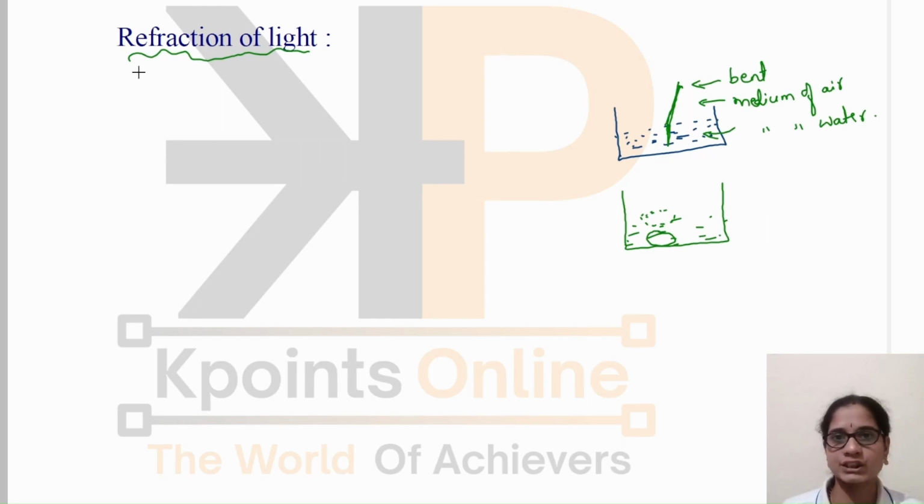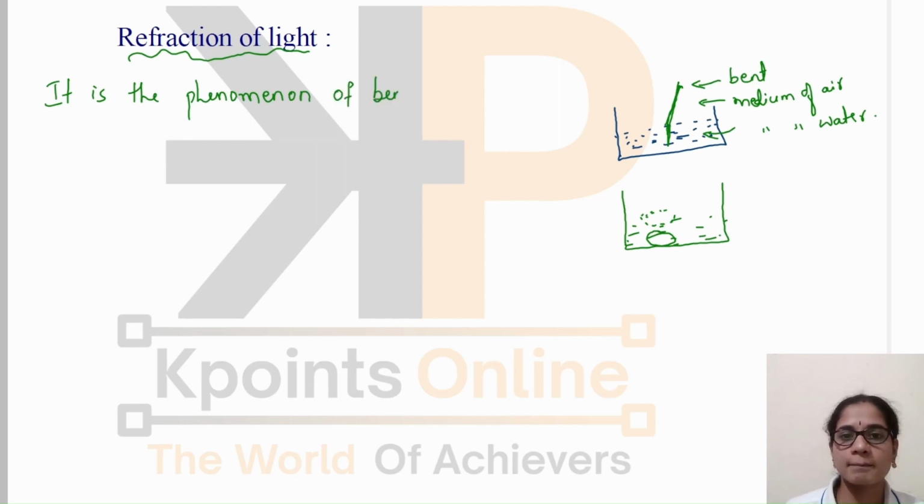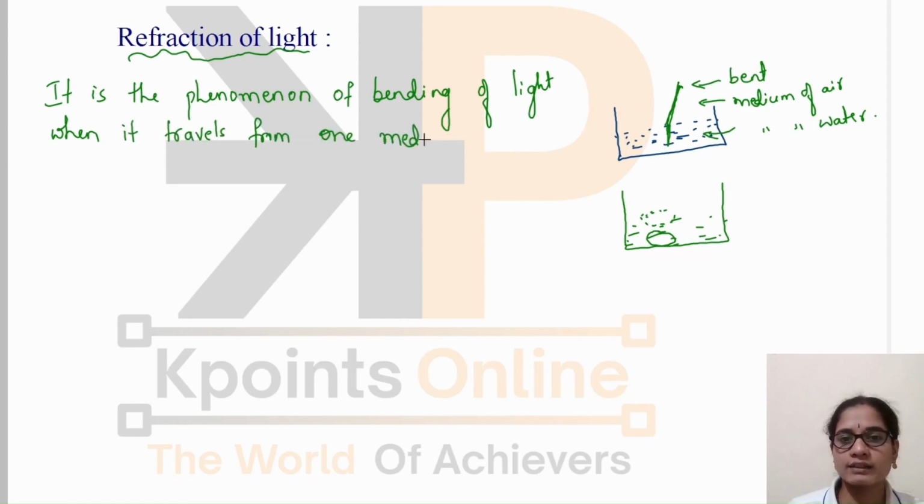So what is this refraction then? It is a phenomenon of bending of light. Whenever the light travels from one transparent medium to another transparent medium, it is the phenomenon of bending of light when it travels from one medium to another. This is called refraction of light.